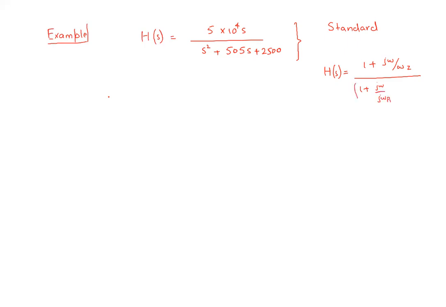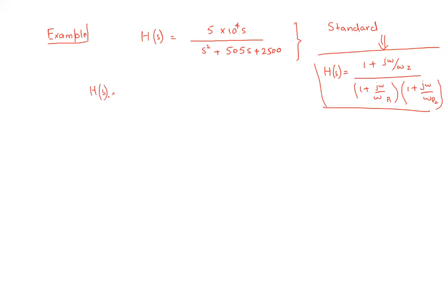Since s square means two poles are involved, we can write omega p2 for the second part. If we have this form, this is known as a standard form. So whenever we have a problem, we need to convert it into the standard form.